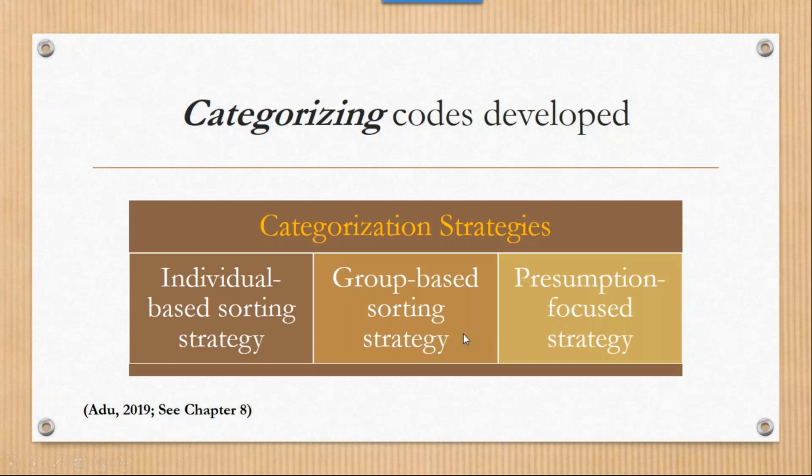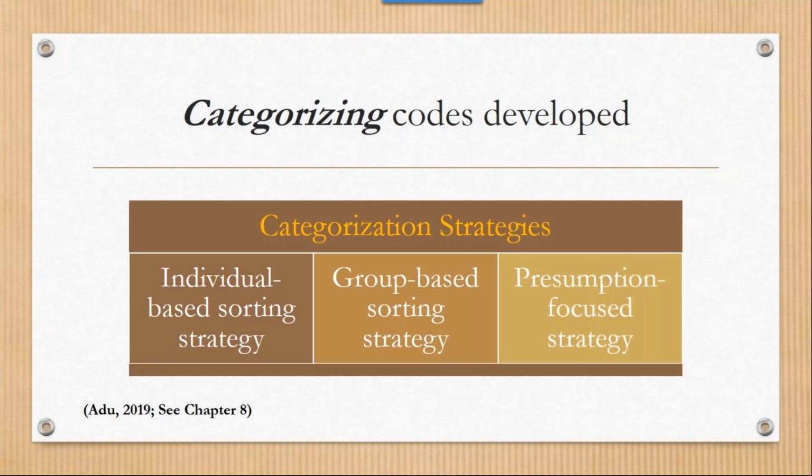The individual based sorting is where you just look at individual codes and look at the content, right? The content is the significant information that you identified in the data that is connected to the code.